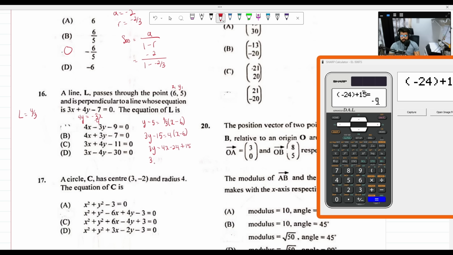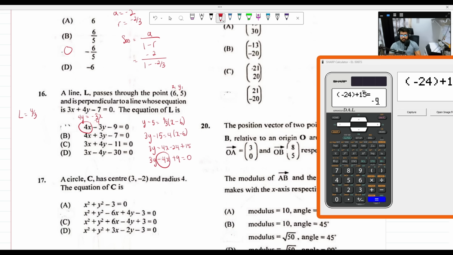I'm going to get 3y minus 4x minus 9 comes across to be plus 9 is equal to 0. Now none of these here corresponds to that, and the only one that has a 9 is here. But if you pay attention very closely, this is a positive 4x.